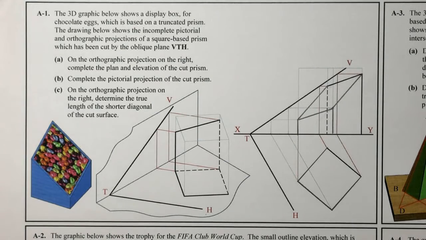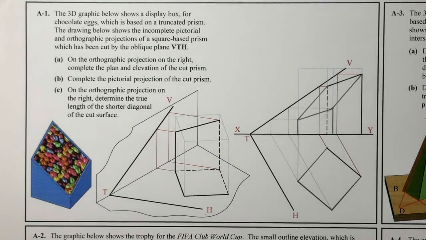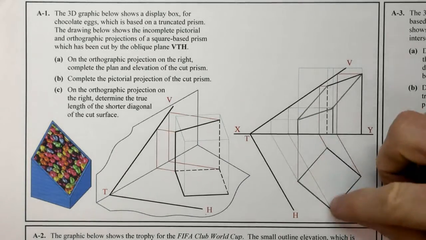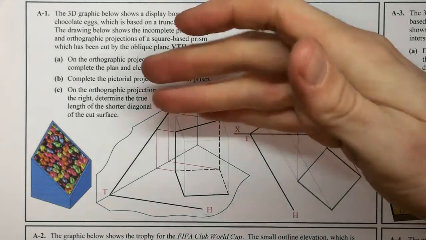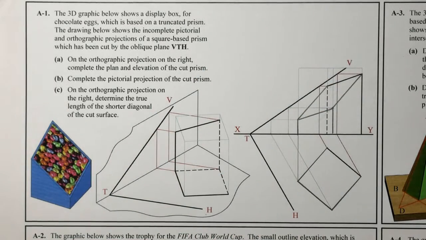Now they want us to complete the pictorial projection of the cut prism. So for those two points or edges that we found, they want us to show the same steps here in our pictorial.